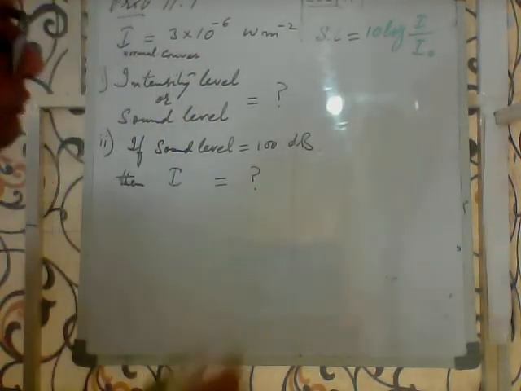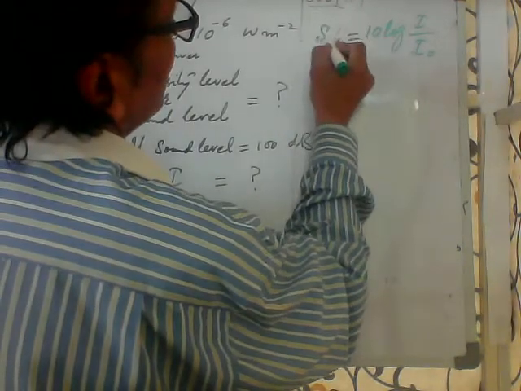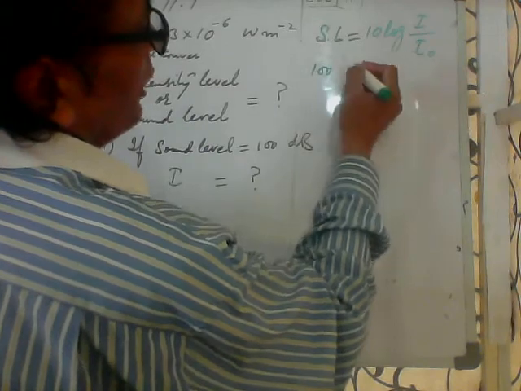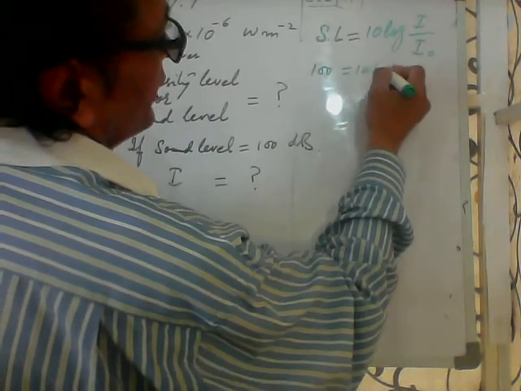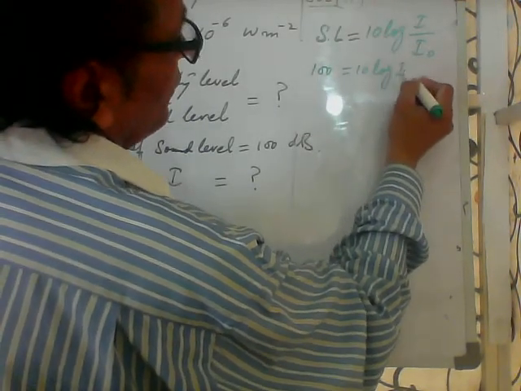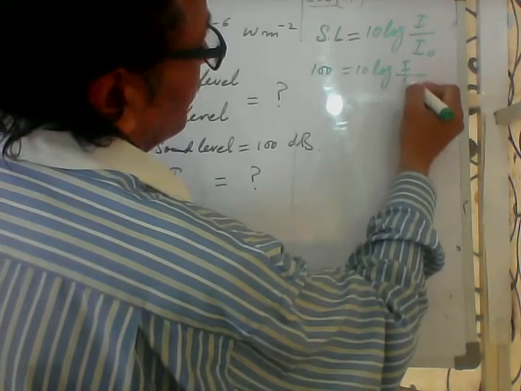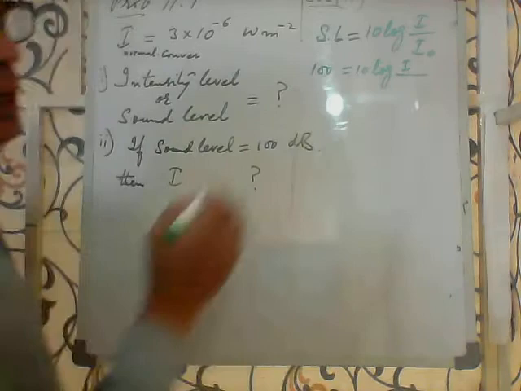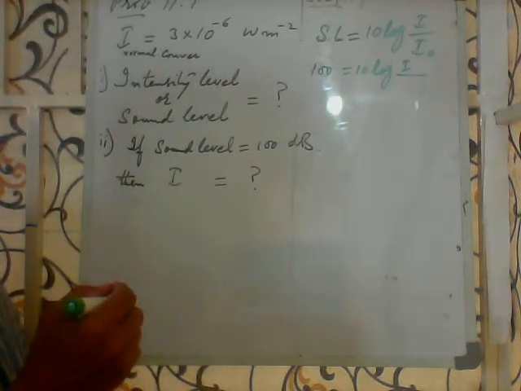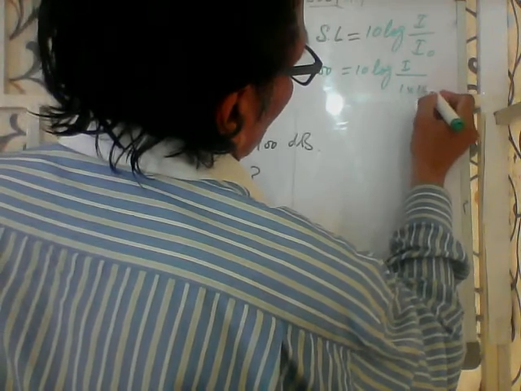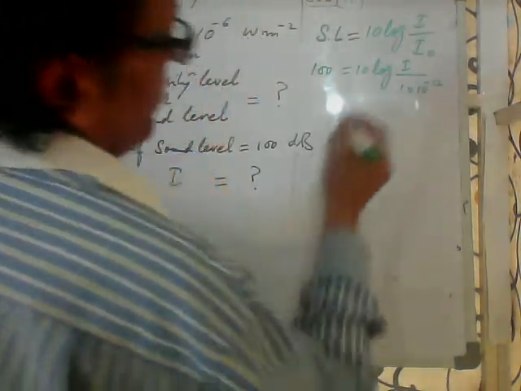And here, what is sound level? Sound level is given 100, put the values, we get is equal to 10 into log of I divided by, what is the value of I naught? You will keep it memorized. It is 1 into 10 raised to power minus 12.